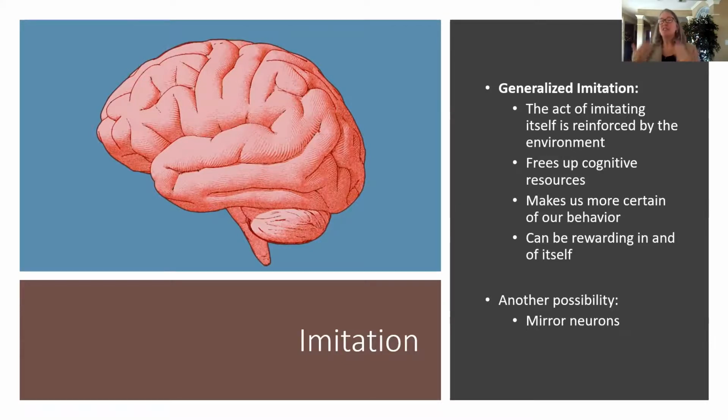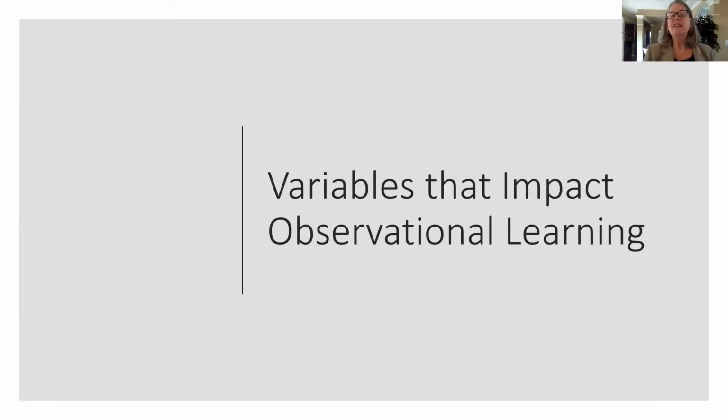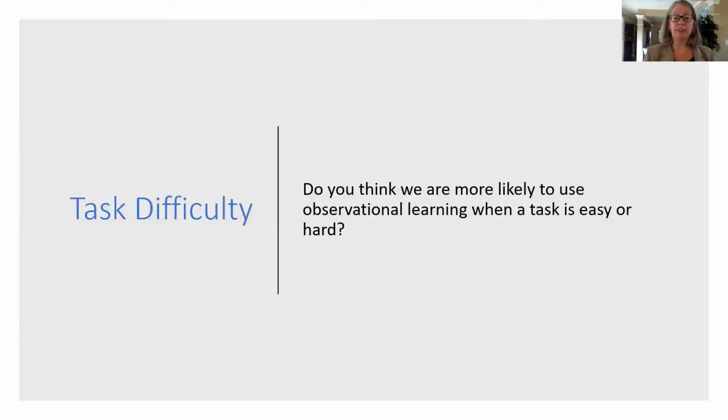And it's almost as if you get a little bit better just by visualizing it. Well, these mirror neurons occur anytime we're watching someone else do something. They're firing in us as though we're doing it. And that could be another reason why imitation leads to so much learning and why social observational learning works so well. Now let's talk about a couple of variables that impact observational learning.